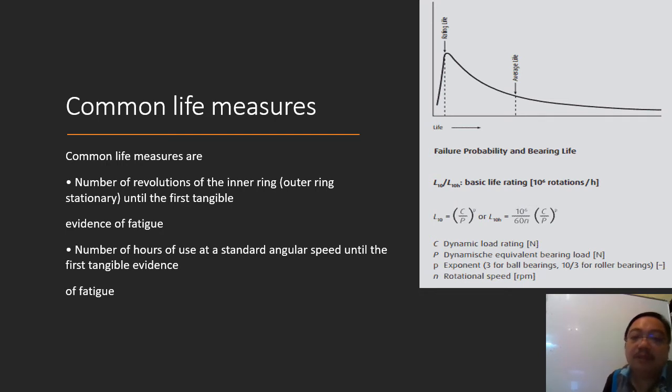And for the number of revolutions, your car has a timing belt and everything that you have to change regularly. It says how many revolutions or hours the timing belt for your car can run before you have to change it.